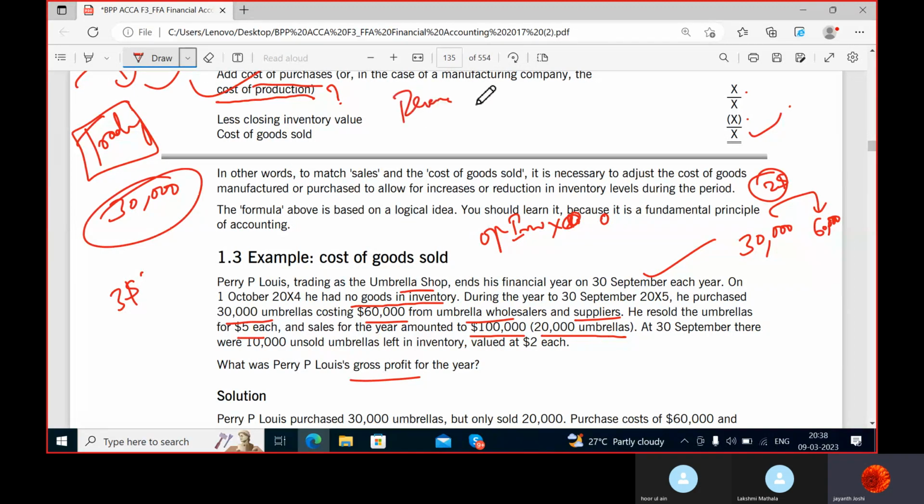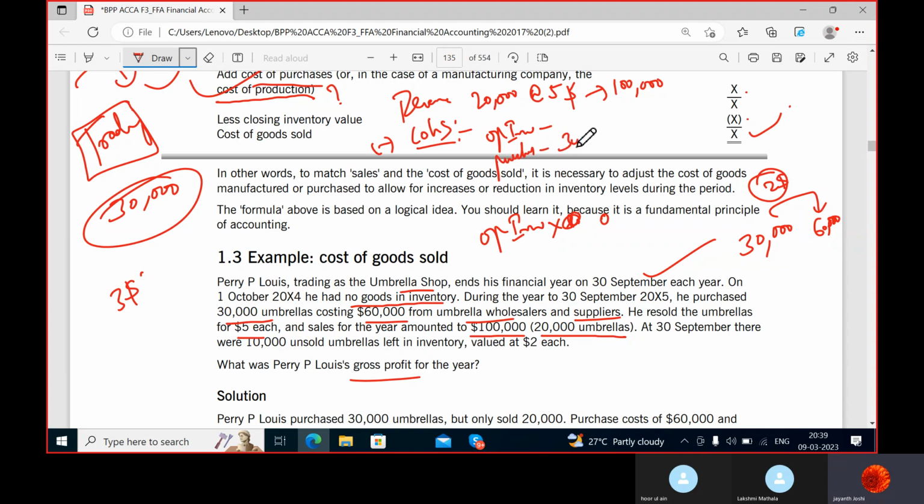So we will first find out the revenue. 20,000 umbrellas at the rate of $5 is $100,000. Less COGS. So COGS would be opening inventory nil, plus purchases.